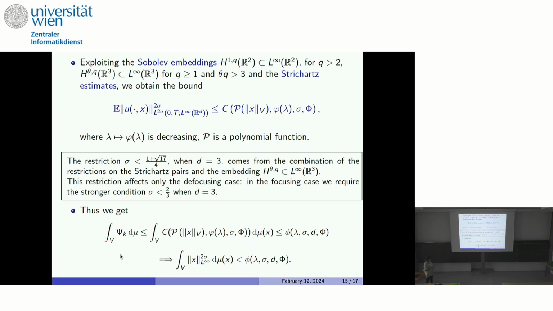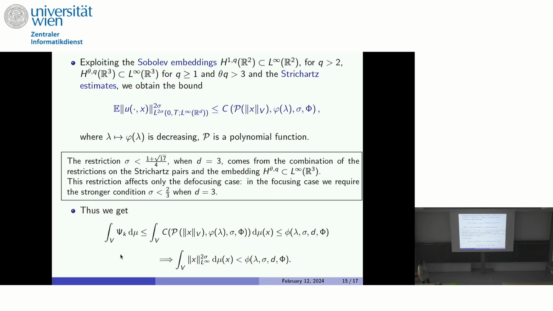And I emphasize at this point that the condition on sigma that appears in dimension 3 comes from this part of the proof. What is the problem?